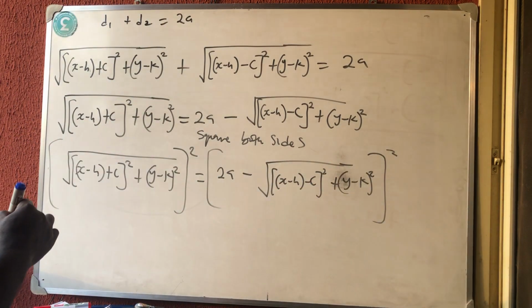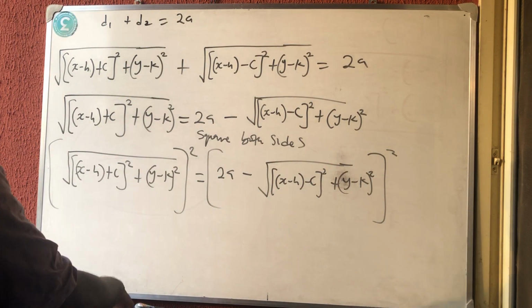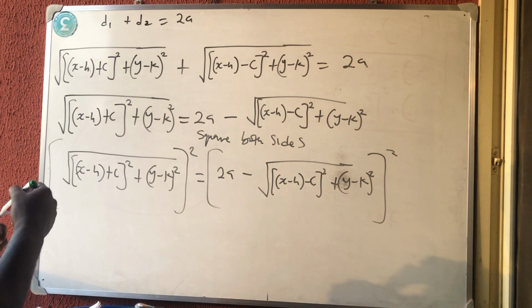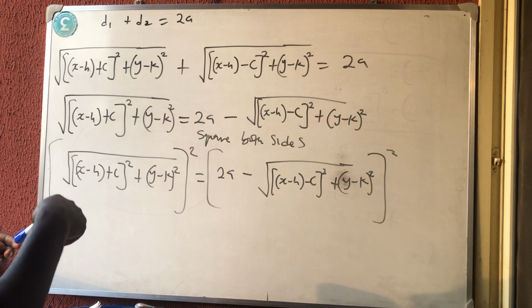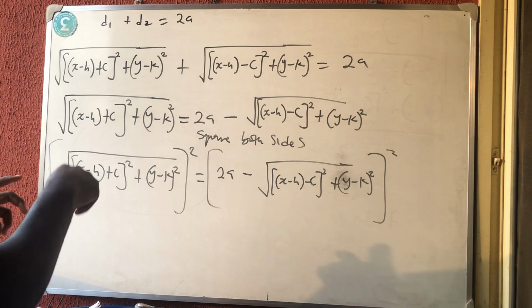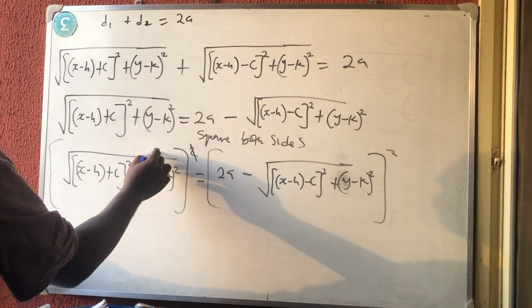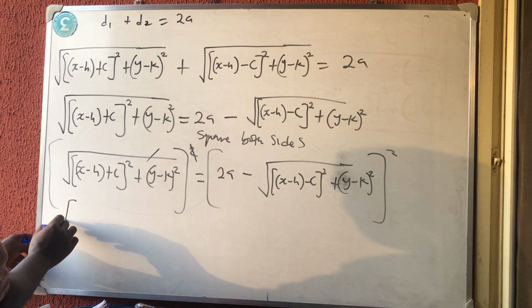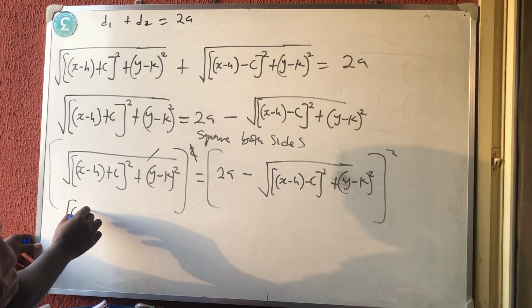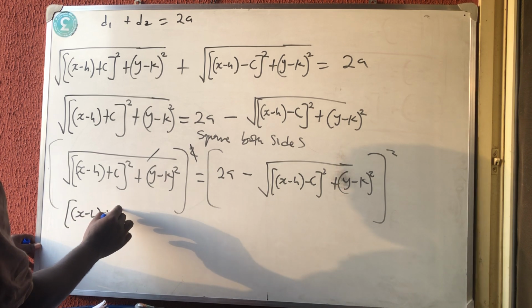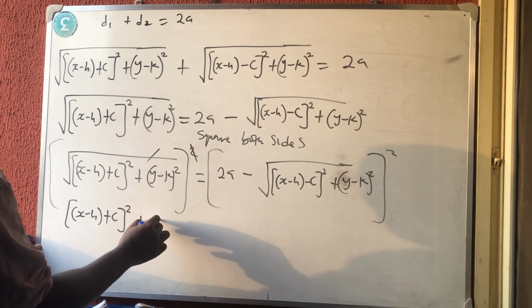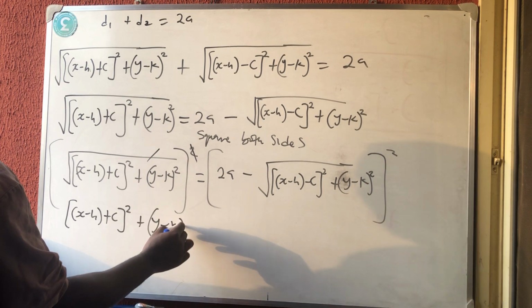Okay, so let us clear this. Clearing this, I'm going to have now square will cancel square root, so I'm left here with x minus h plus c all squared plus y minus k all squared.